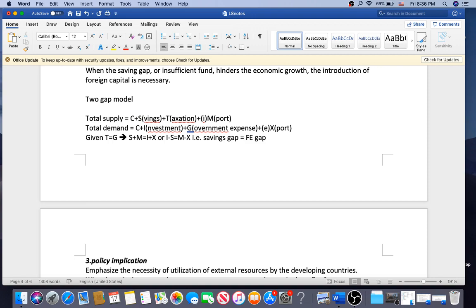And the low income means low purchasing power that will lead to underinvestment.